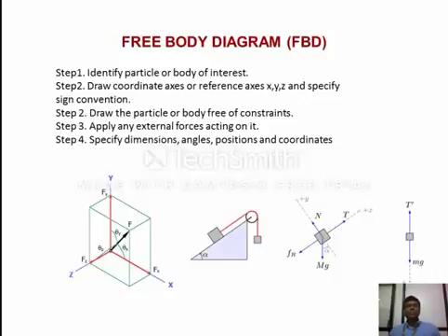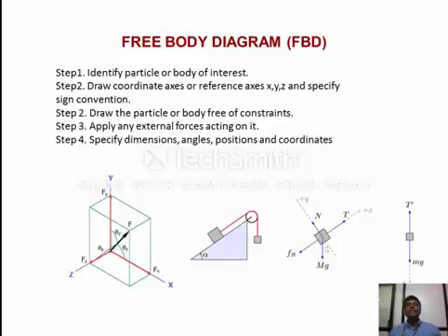Draw the particle or body free of constraint. First of all, you should remove all the constraints. If there is a support, you have to replace that support with a reaction force. You can draw the whole free body diagram, or you can concentrate on a specific part and draw the free body diagram for that particular part.